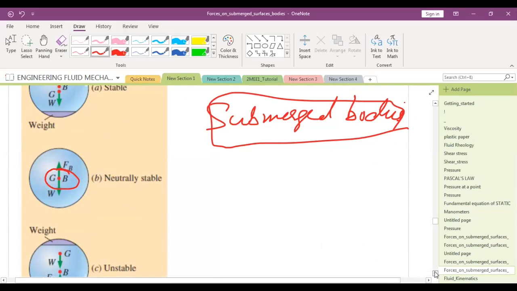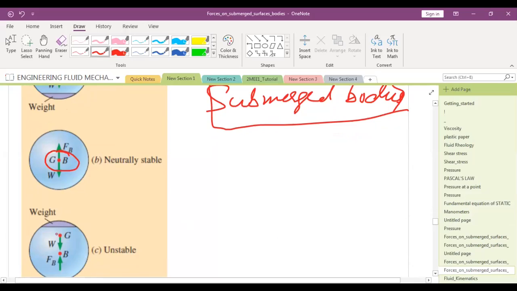And in the unstable case, you also know that if G is lying above B, what will happen? Say this was G, this was B. So this will overturn.